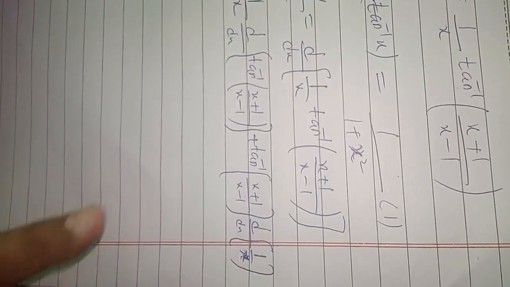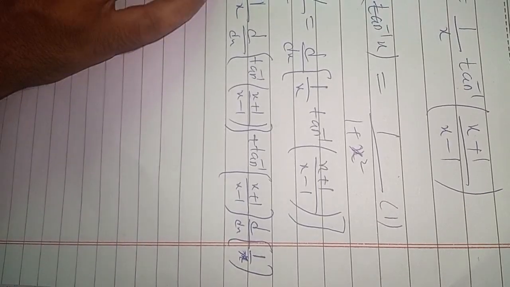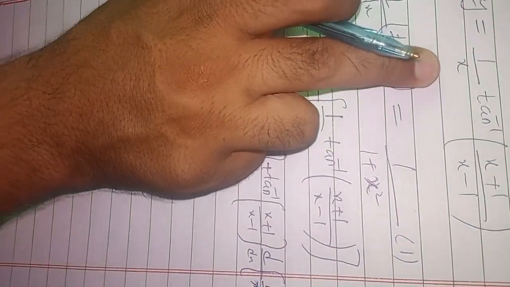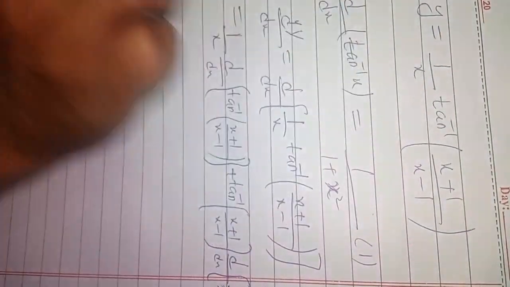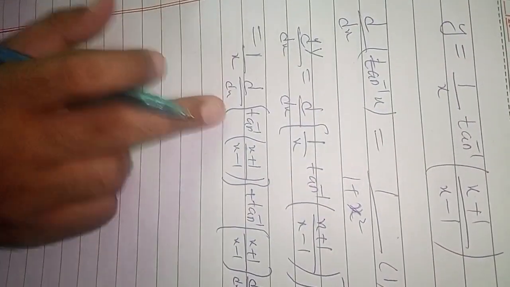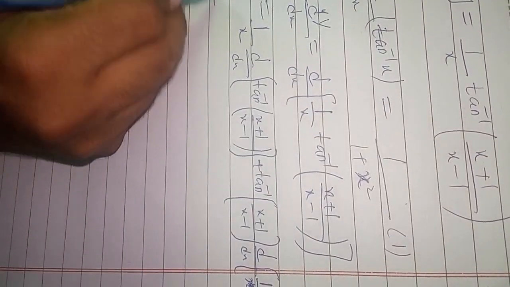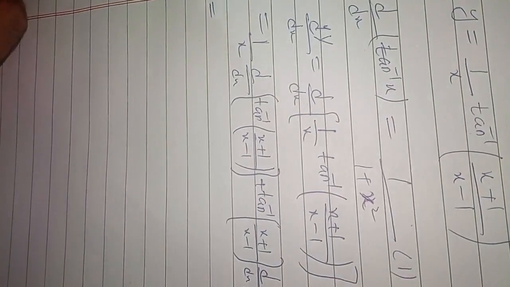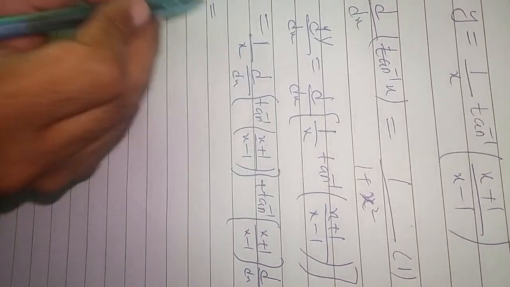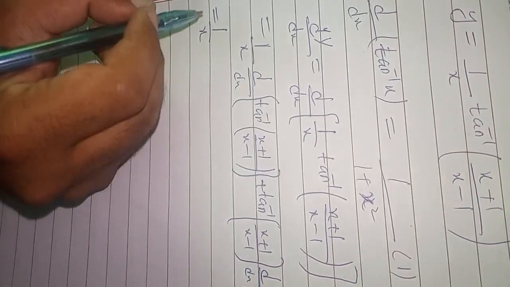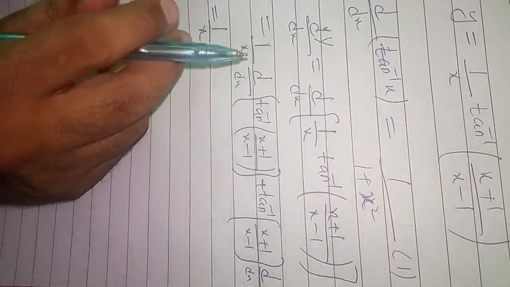This is the product rule. So now we know the derivative of the tangent inverse function is 1 over 1 plus x square. So 1 over x will come as it is, and we are going to take the derivative of the function tangent inverse.